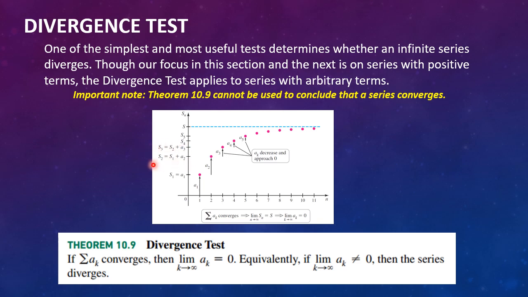S sub 2 equals S sub 1 plus the difference between those two members, a sub 2, right? Where a sub 1 is the height here, a sub 2 is the difference, and this a sub 3 plus a sub 2 is going to equal that partial sum 3.